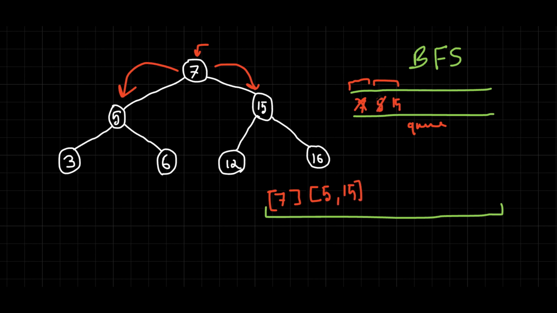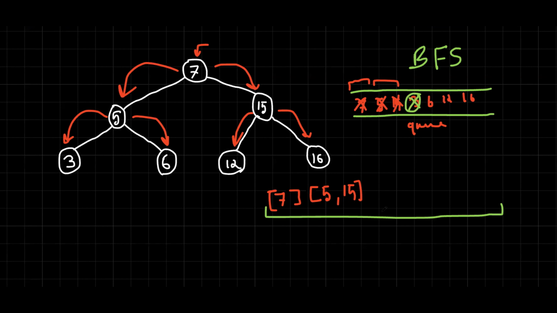And we remove both of them from the queue. Now, after removing, we check that 5 also has left and right children and 15 also has left and right children. So we add all of them into the queue: 3, 6, 12 and 16. Now what is the front element of the queue? It is 3.